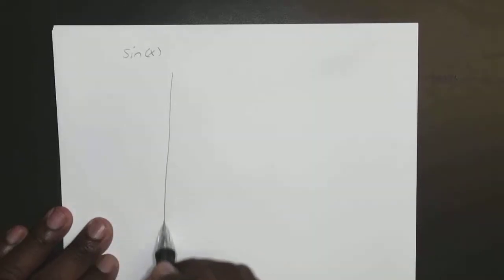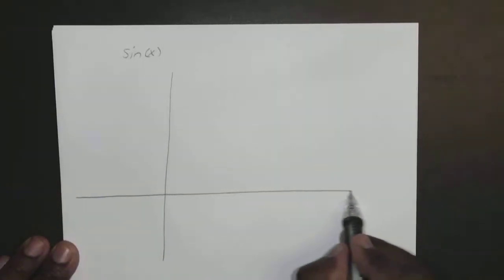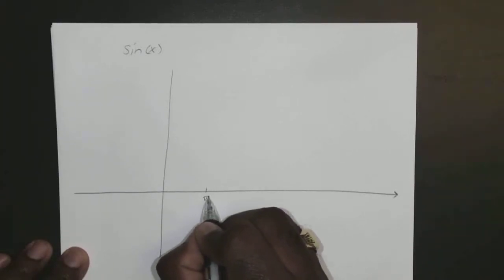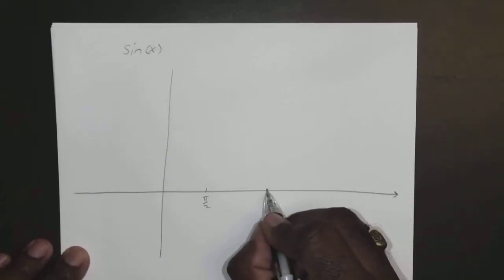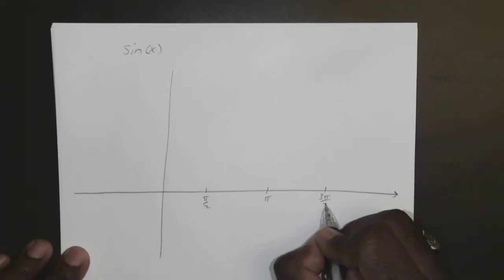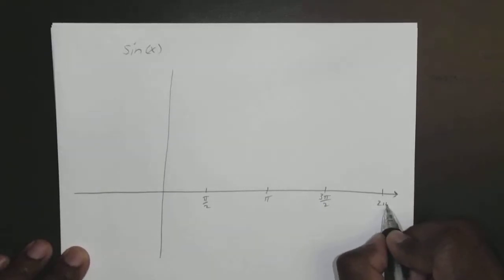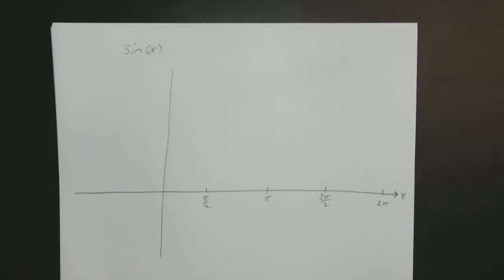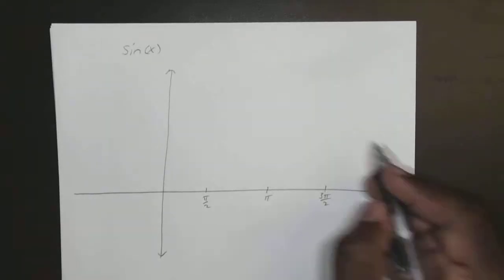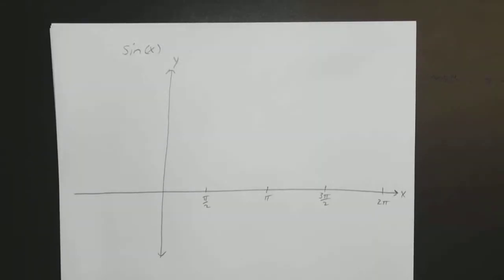Let's say this is our pi over 2, our pi, our 3 pi over 2, and our 2 pi. And this is our x-axis and this is our y-axis.